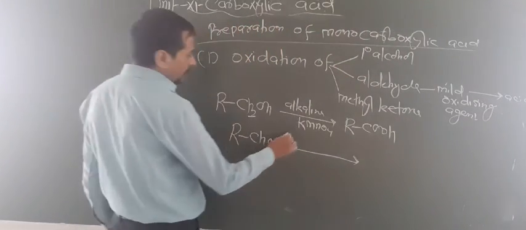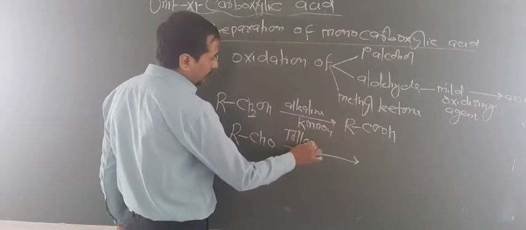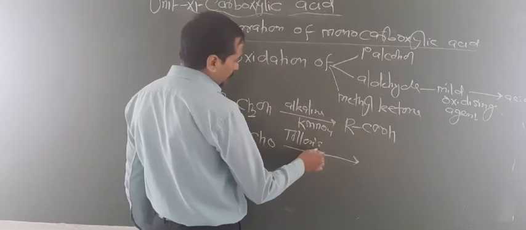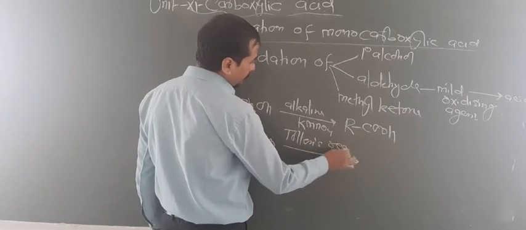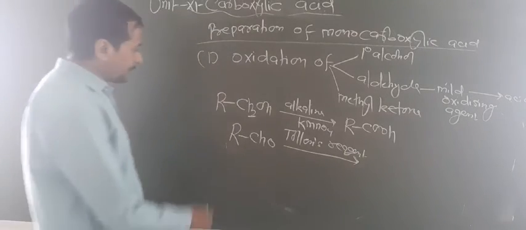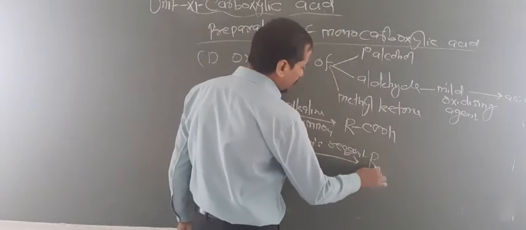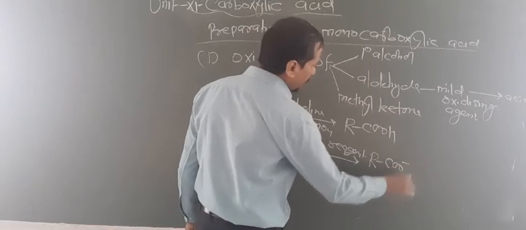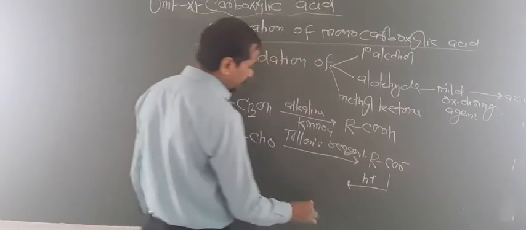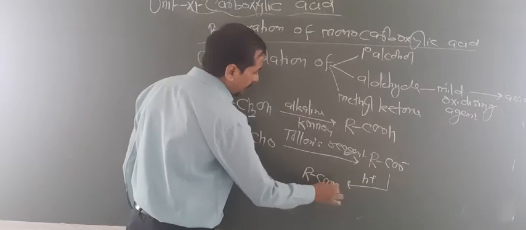Now look here. You can take Tollens reagent. This I told you, we will do it in the aldehyde ketone topic of this chapter. So this is known as RCOO minus. Now this on acidification will give you acid.